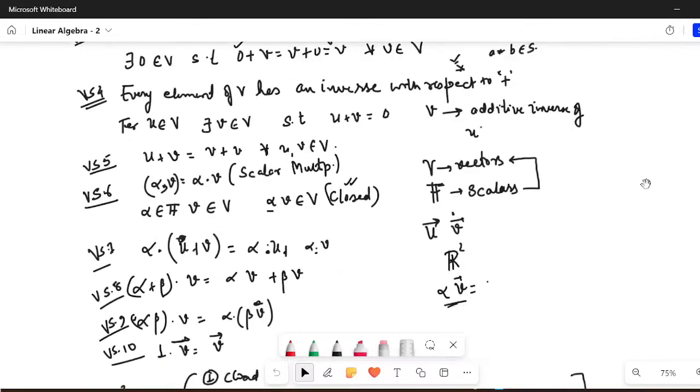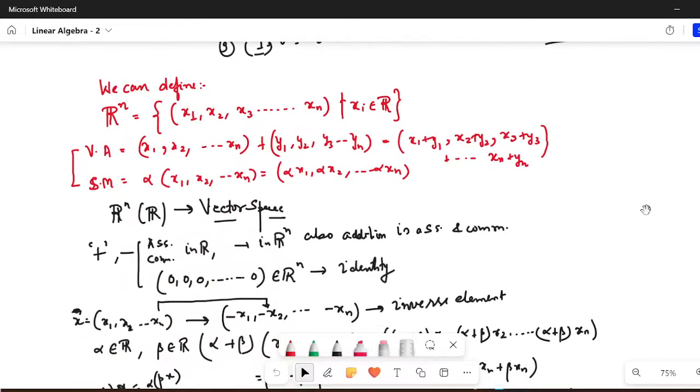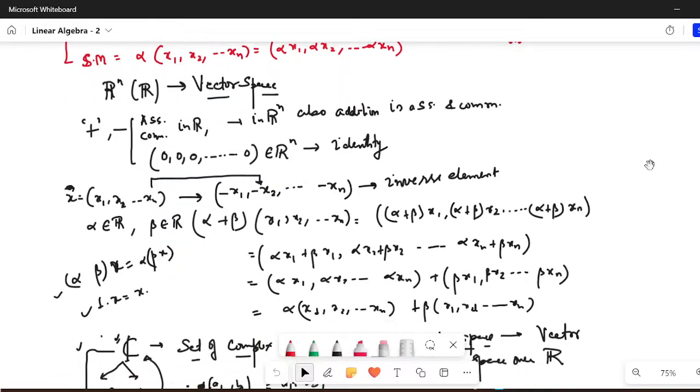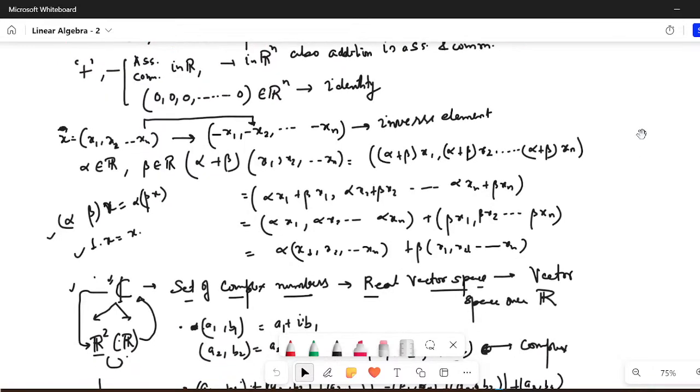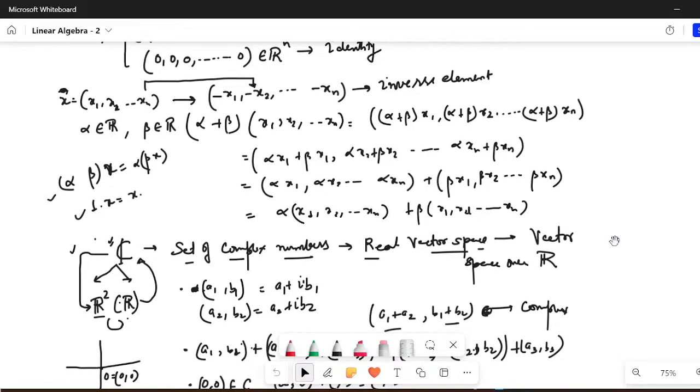We generalize this result for the set of complex numbers, because understand, a complex number is nothing but an ordered pair of real numbers. So you can associate your complex number with the space R square. And since I know that R square forms a linear vector space over R, we can say that the set of complex numbers also forms a linear vector space, right?